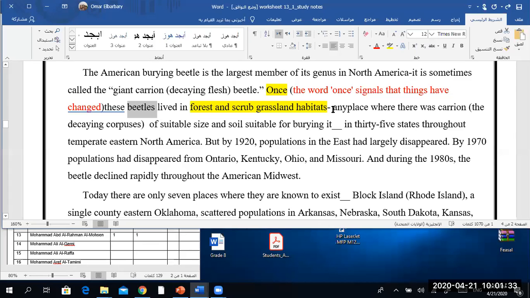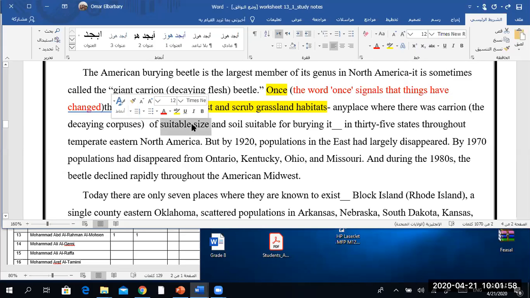So they used to, remember, they once lived in any place where there was carrion. What do we mean by carrion? The decaying corpses or bodies of dead animals or birds, of suitable size.